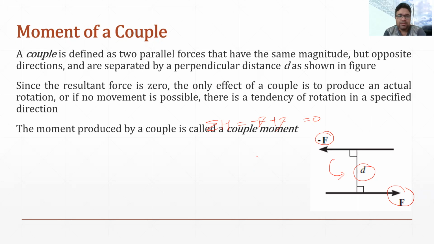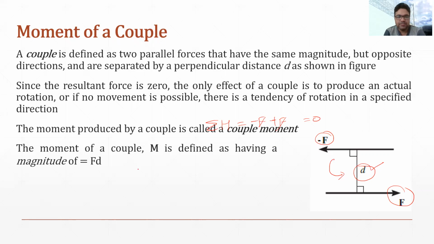The magnitude of the couple can be calculated as the magnitude of the force multiplied by the perpendicular distance. So the magnitude of any one force multiplied by the arm, the distance between those two forces.